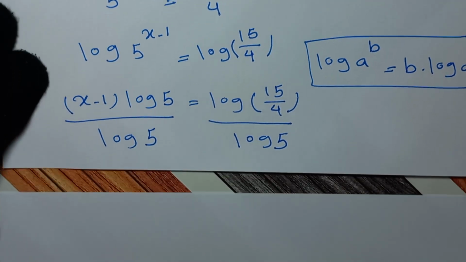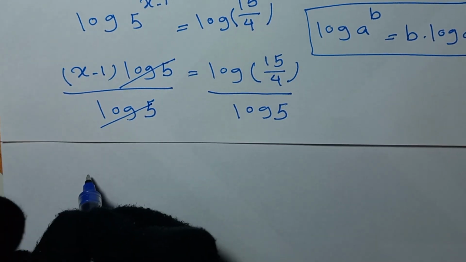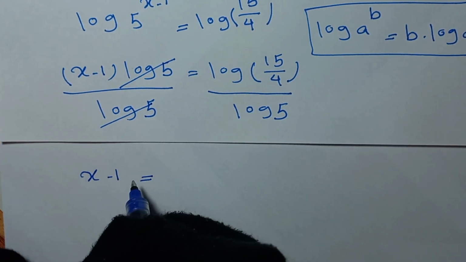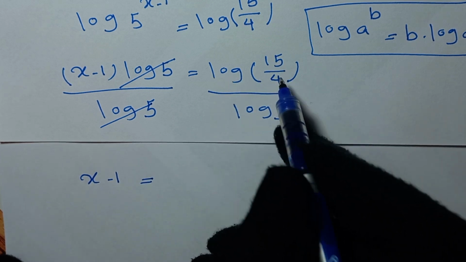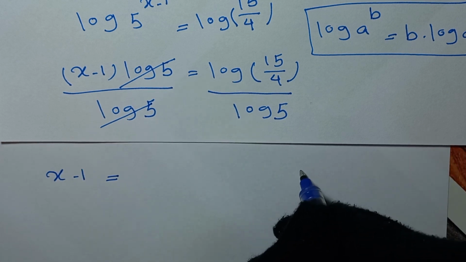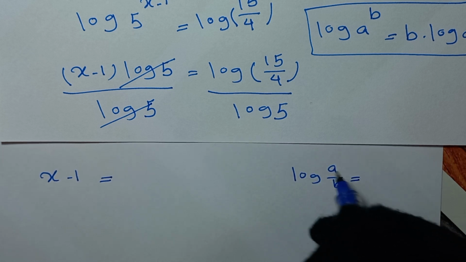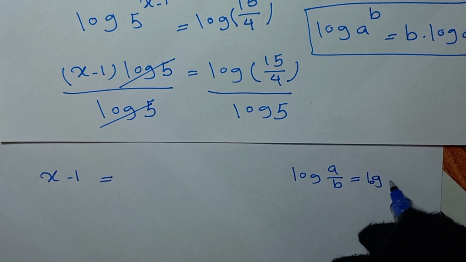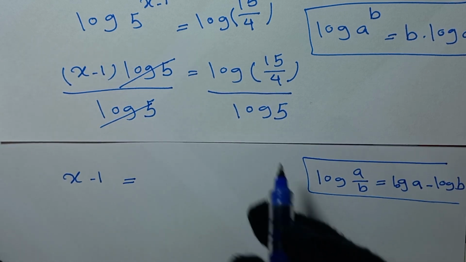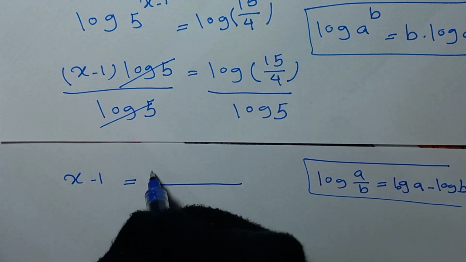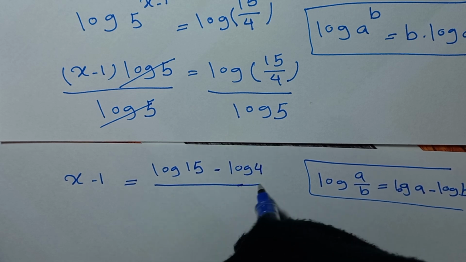Here this log 5 will cancel this log 5 and it will be x minus 1 is equal to, here we have log 15 over 4, and from log rules, if we have log of a over b, we can write this as log of a minus log of b. So we can write log of 15 over 4 as log 15 minus log 4, and over log 5.